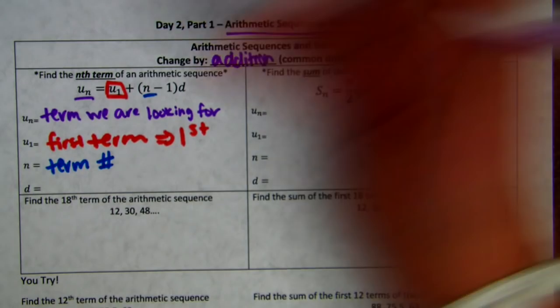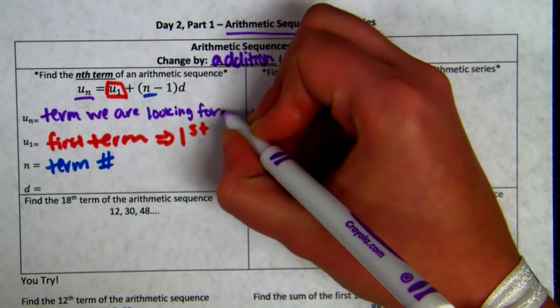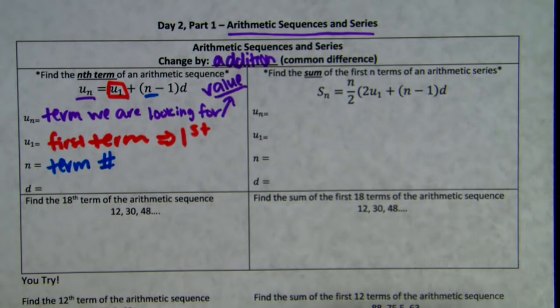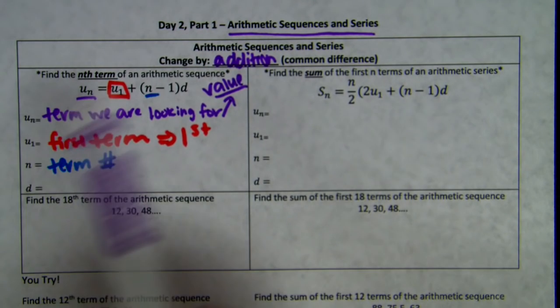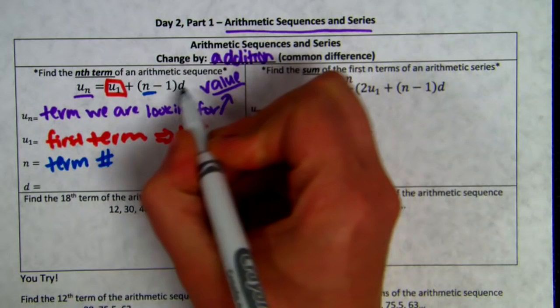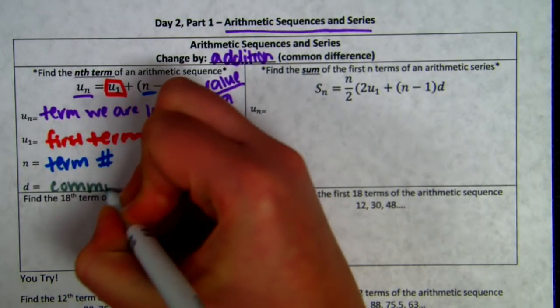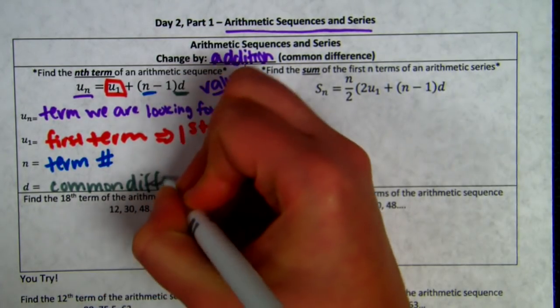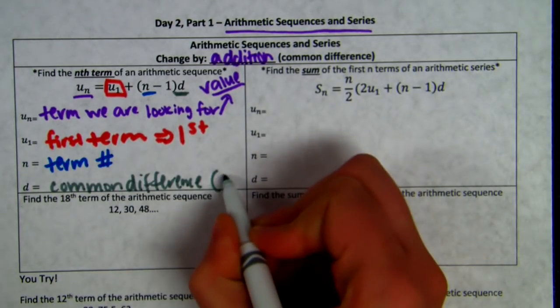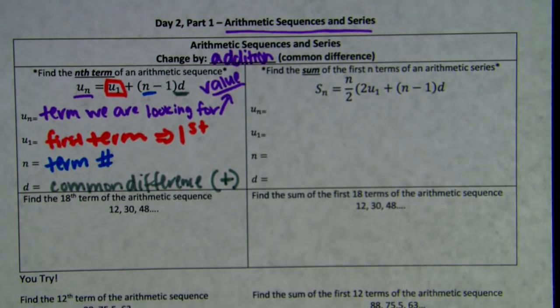The important thing to remember here is that Un is a value: the value of the term we are looking for, and n is equal to the term number. Lastly, d, which we can see over here, is our common difference. And a reminder that because this is an arithmetic sequence, this is always going to be in terms of addition. So I'm going to draw a little addition sign next to me over there.